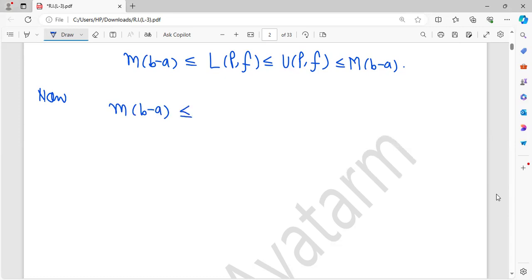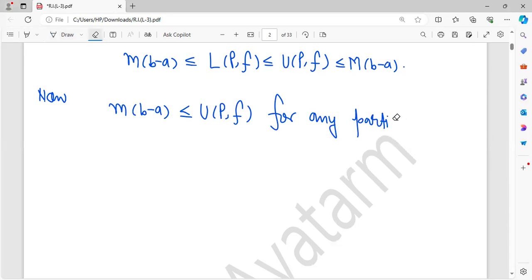It means U(P, f) is greater than this for any partition P of [a, b].